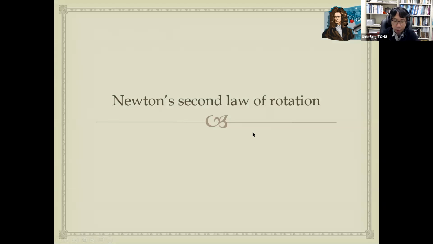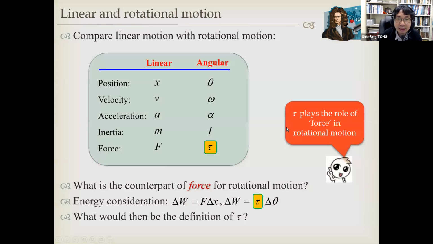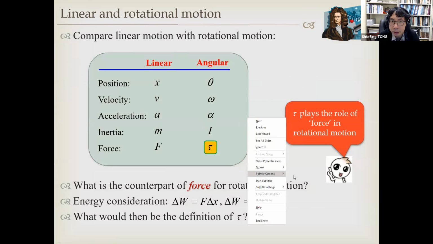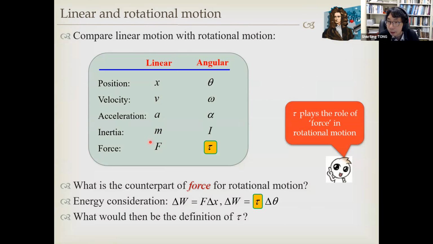Now we come to an important part of our discussion, that is Newton's second law for rotation. Now we emphasize the similarity between the formulation of linear motion and angular motion, the rotational motion. For linear motion, we have the coordinate x. For angular motion, we have the angle theta as the angular position.